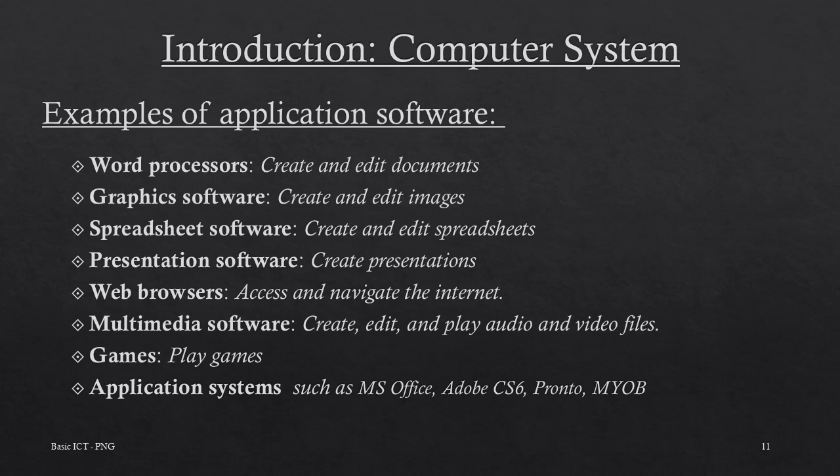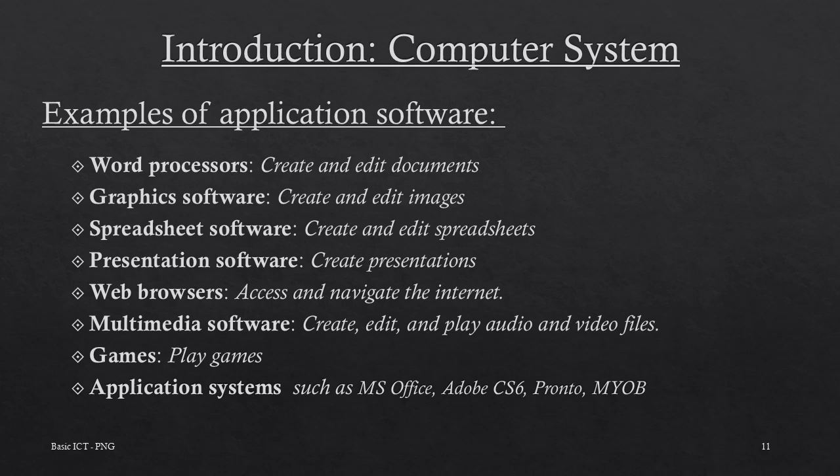They are used to create and edit images. We also have spreadsheet software such as Excel. They are used to create and edit spreadsheets. We also have presentation software such as Microsoft PowerPoint. They are used to create presentations.